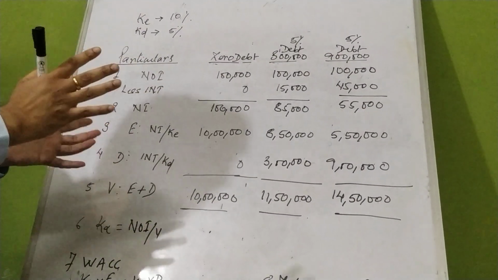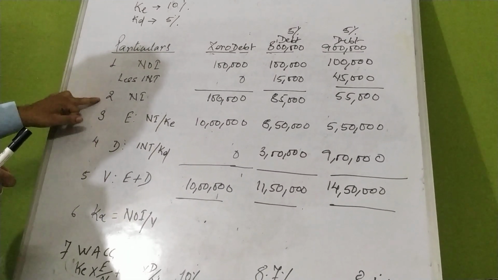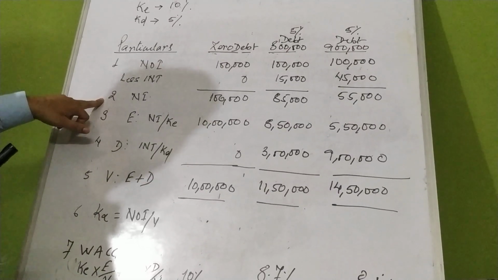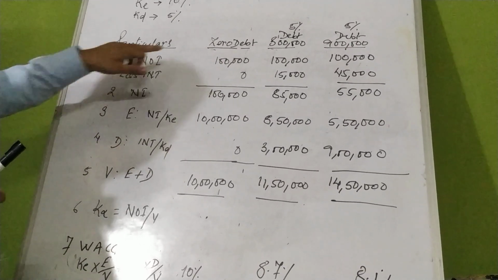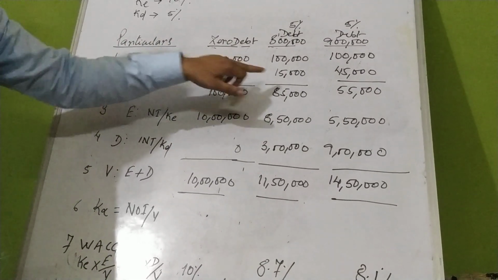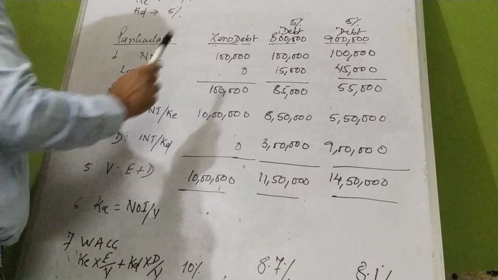Now come to the previous formula that I told you. The first thing that we have to calculate is NI, that is net income. So net income is net operating income minus interest. For plan A there is no debt, so no interest is there. NOI is 1 lakh for all.